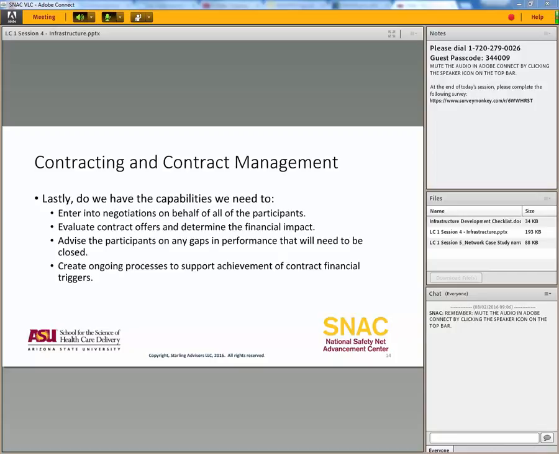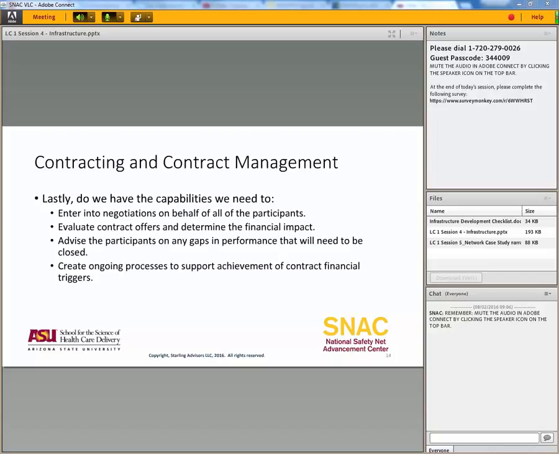In the case where the network has immediate goals of signing contracts or negotiating contracts, virtually all networks in that case will house their contracting and contract management expertise centrally. These are skilled or experienced people that can enter into negotiations on behalf of all participants. They can evaluate contract offers and help each member of the network determine its financial impact.